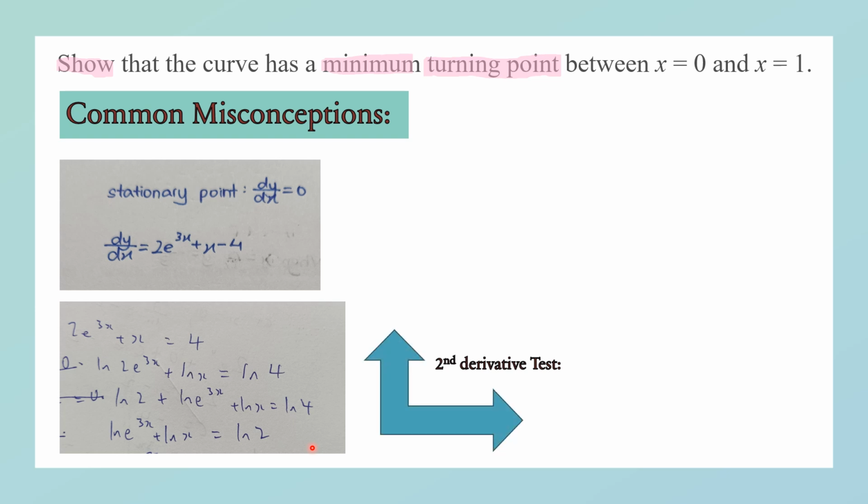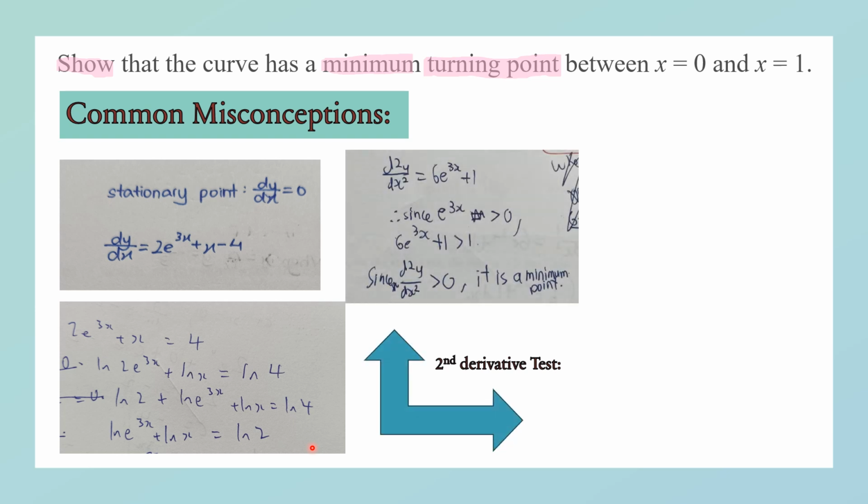So let's take a look at the two sample solutions over here. The first type is students who make use of the second derivative given in the question. These students showed the knowledge and understanding that an exponential function cannot be less than 0, so it's greater than 0. Therefore, the second derivative, no matter what, is greater than 0, and hence it is a minimum point.